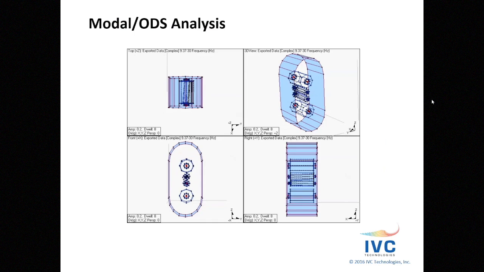Another type of testing you may get involved in is either modal or operating deflection shape analysis, or ODS for short. In this case, it's where you want to actually make a picture and be able to see the shape of the vibration. A lot of times a picture is worth 1,000 words.